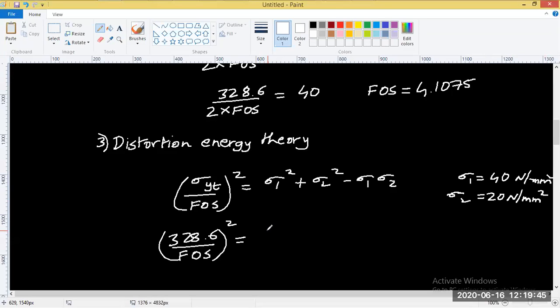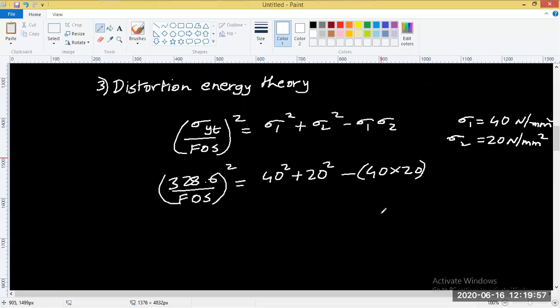So this can be written as 40 squared plus 20 squared minus 40 into 20. Solving this, we'll get our factor of safety.